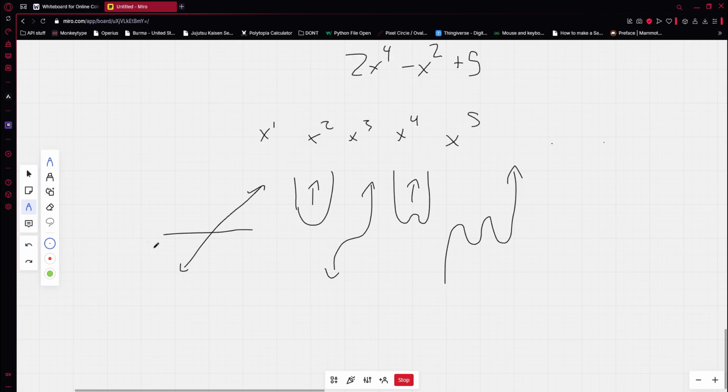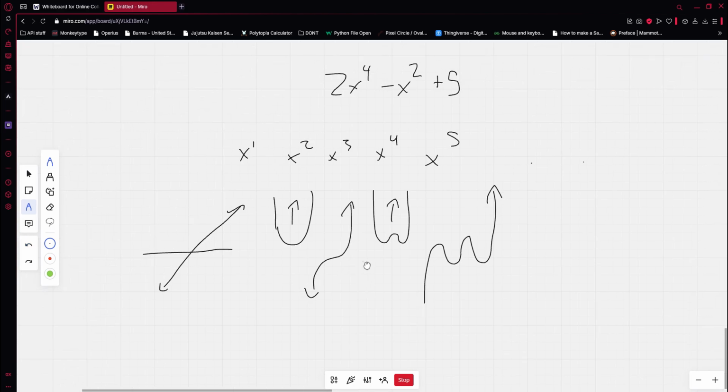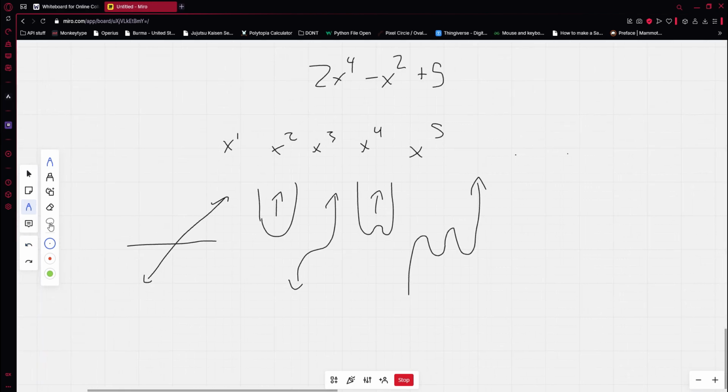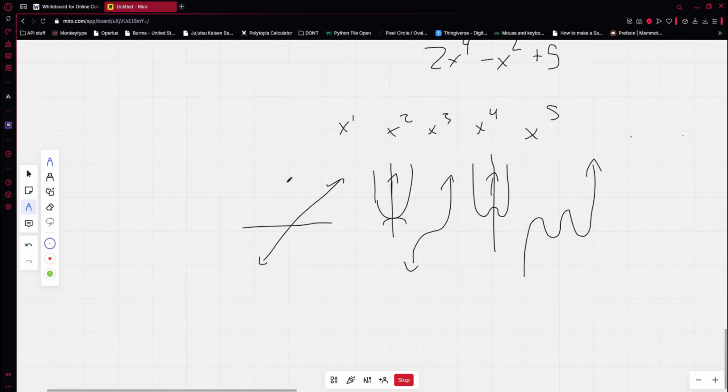So, knowing that, another thing is that even functions tend to be symmetrical about the y-axis. So if we were to cut this in half, it'd be symmetrical. If we were to cut this in half, it'd be symmetrical. While odd functions tend to be symmetrical about the origin.